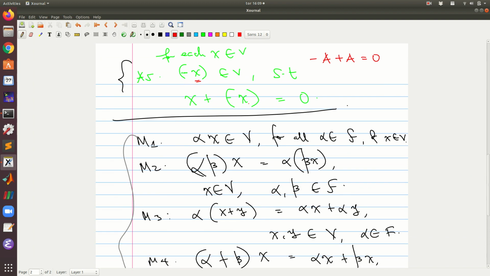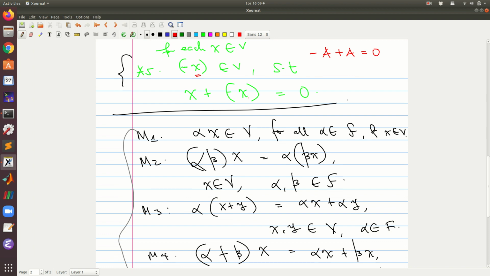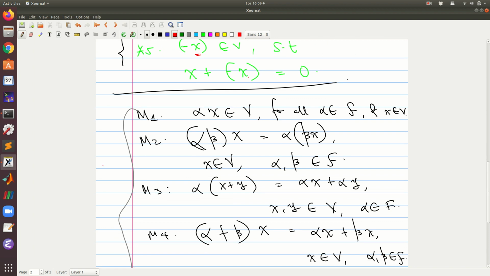You can also show that for any matrix of that order, maybe an arbitrary matrix a, b, c, d, e, f, anything you want, this holds. Scalar multiplication: you multiply a scalar with a matrix, the result is still a matrix. You can multiply two scalars with the matrix.